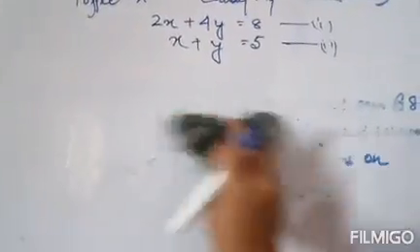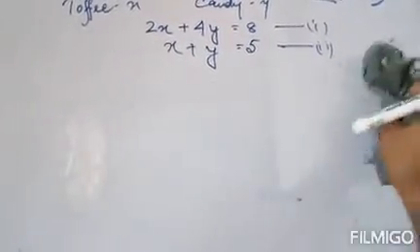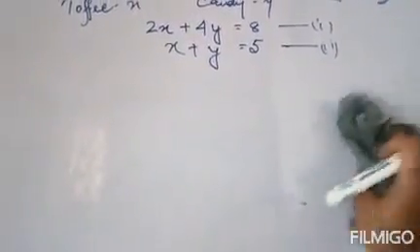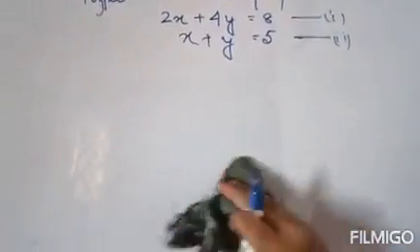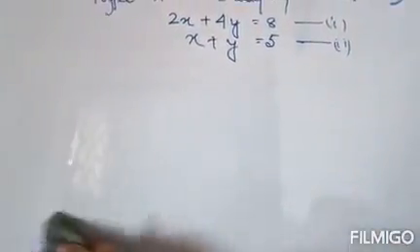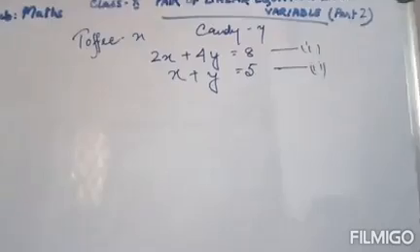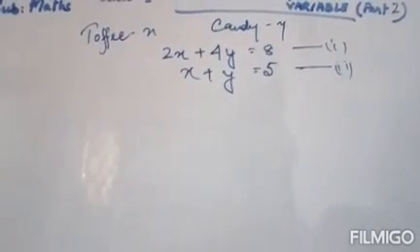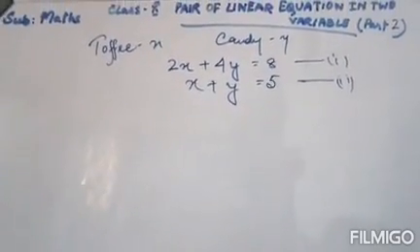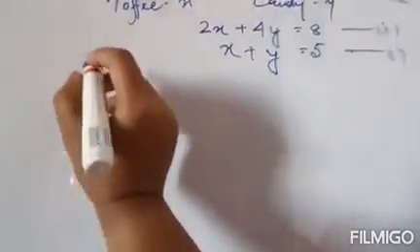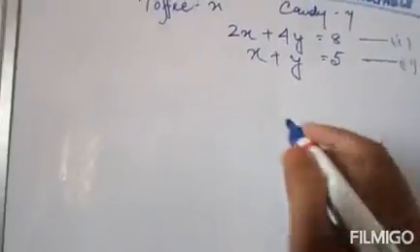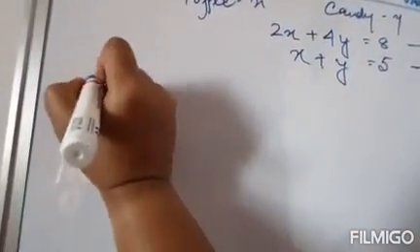We have extracted our equations. Last class we learned what linear equations are, and in this class we are going to see how to plot them. Now let us consider equation 1.